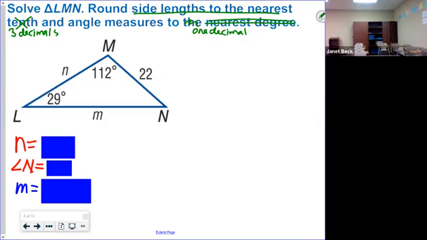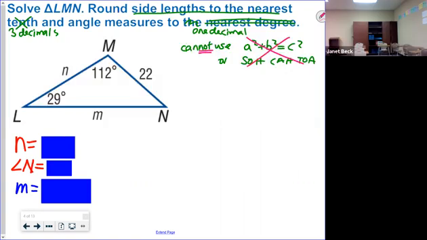Now, this is not a right triangle, so you cannot use the Pythagorean Theorem or basic trig. You can't use those. They're for right triangles only.